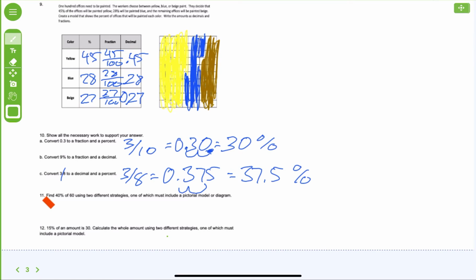PW, which means percent of the whole, is equal to the quantity. Well, we have the percent of 60, so we would say 40%. So I'm going to move my decimal. Times 60 is equal to what? 0.4 times 60 is 24. Okay? So that's one way of doing it.